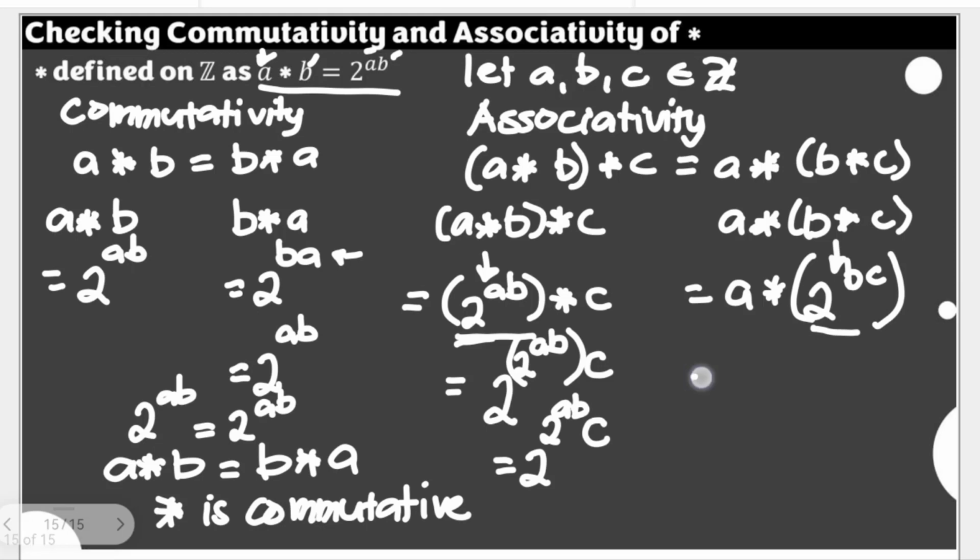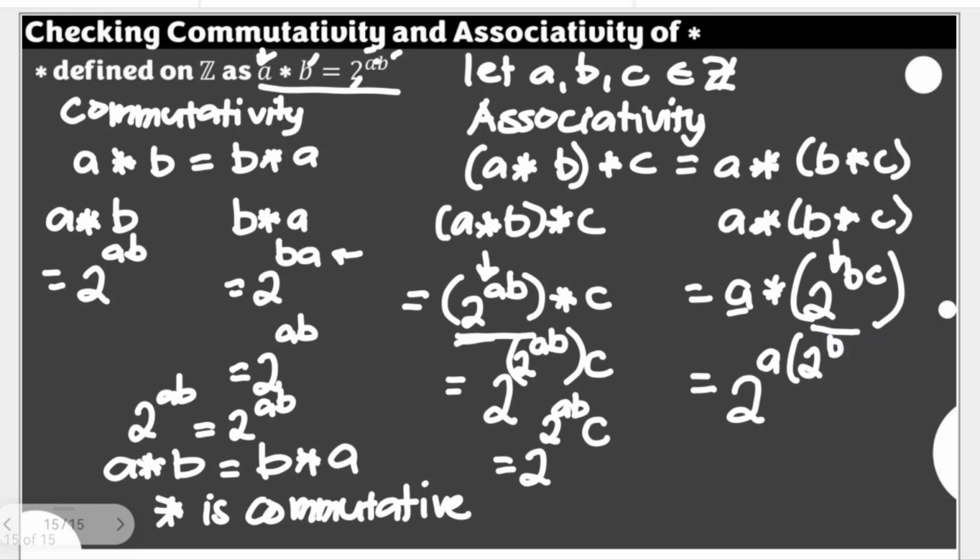So our first element is a, and we still have 2 here, because that's 2 to the power of a times 2 to the power of bc. These are already exponents of the exponent. These are just bases of the exponent. This will mean this is just 2 to the power of a times 2^(bc).